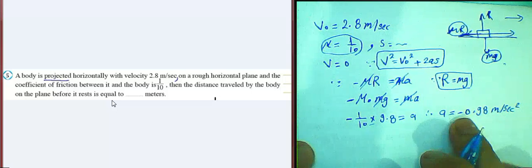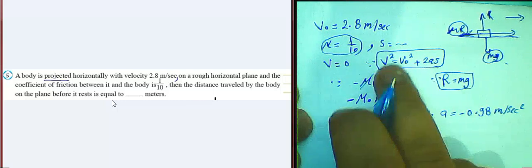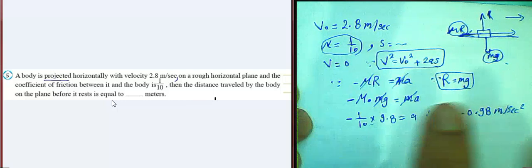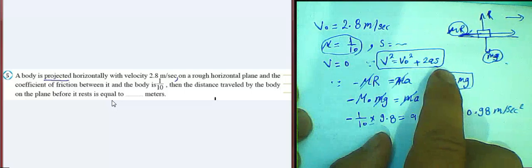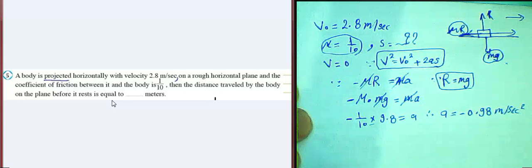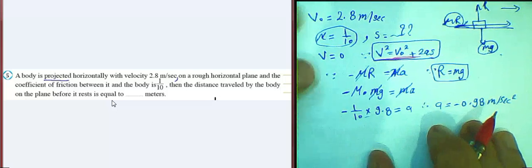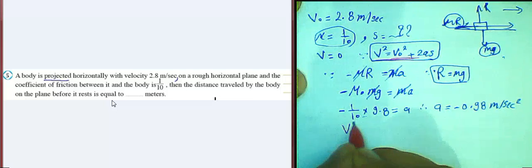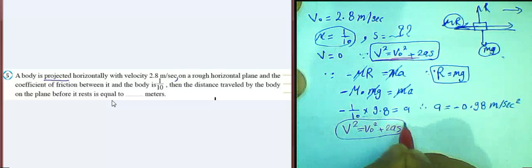Okay, we found the acceleration, so we can find the distance. We have the velocity in the end 0, v naught we have 2.8, and we want to find displacement. We can complete using this relation: v square equals v naught square plus 2as.